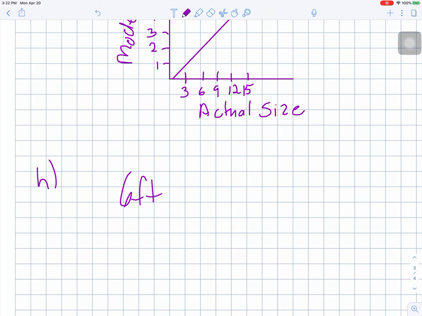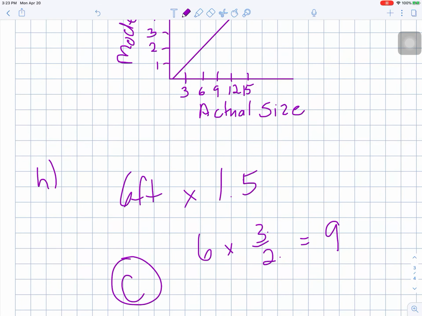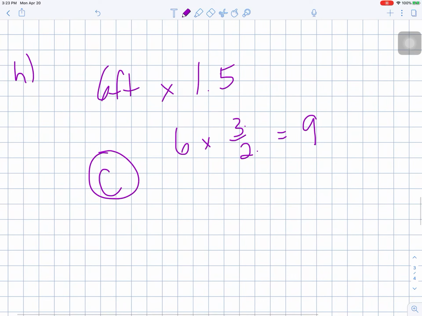So if you imagine an average person, that would be myself, I'm 6 feet tall. So we have to multiply that by 1.5. Or another way to do it is 6 times 3 over 2, which I would get 6 times 3 is 18 divided by 2 is 9. I get 9 feet, so the answer would be C.